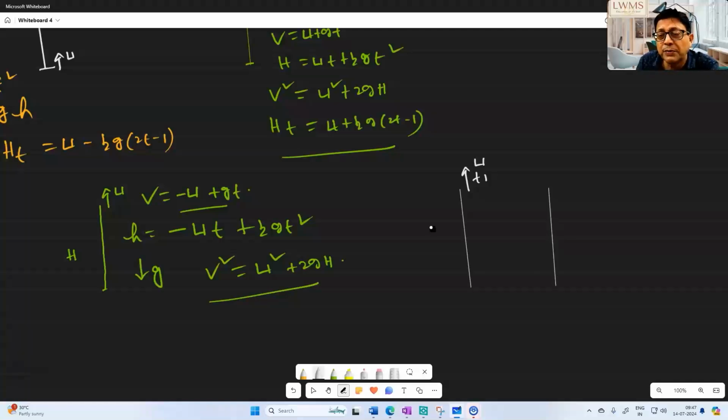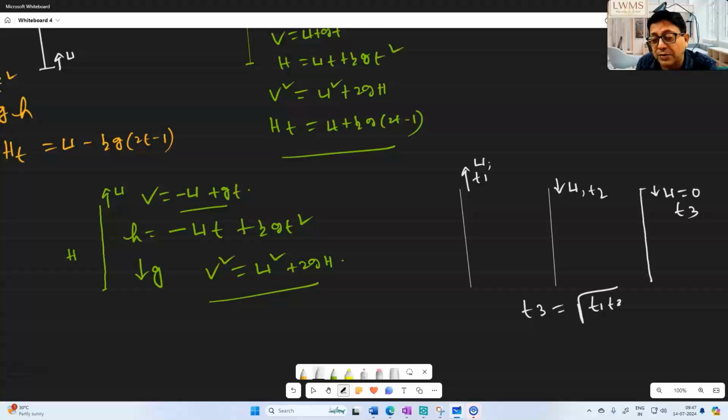When it is thrown from the same height vertically downward with velocity u, its time of flight, you all know, be t2. Then if it is simply dropped, that is u equal to 0, time taken be t3. We have seen, or you remember, that t3 is the geometric mean of t1 and t2. Okay, so if one takes 8 seconds and the other takes 2 seconds, when it is simply dropped it will touch the ground after the square root of 2 into 8, that is 4 seconds.